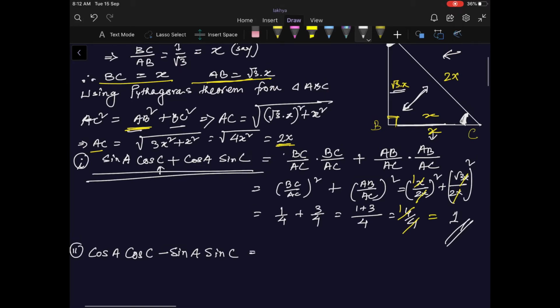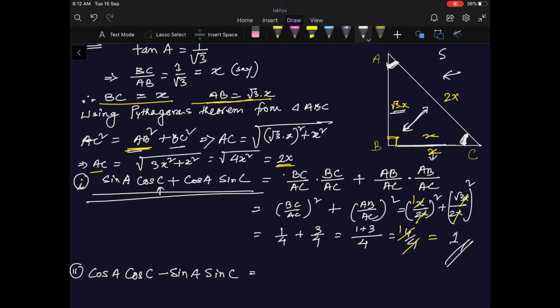Cos A, with respect to angle A, here base should be considered as AB and perpendicular should be considered as BC.